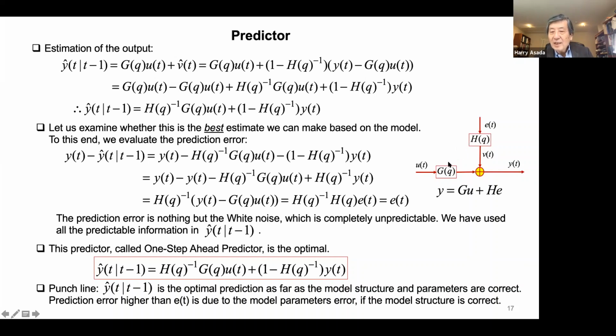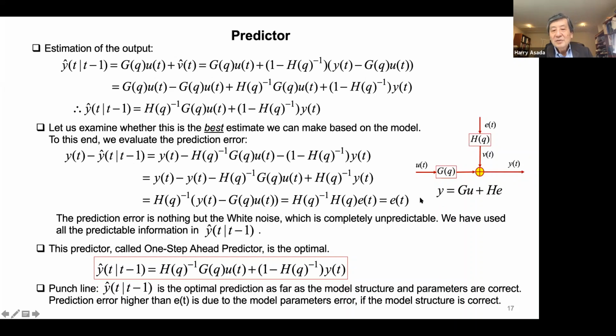If we take all the information that we can take from the system, the rest of the part which is unpredictable is just e(t). That's garbage. So we measure y(t) and u(t), everything that you can use. You take all the information which is meaningful and has some structure behind it. After you do that, the prediction error that you still have is nothing but just e(t).